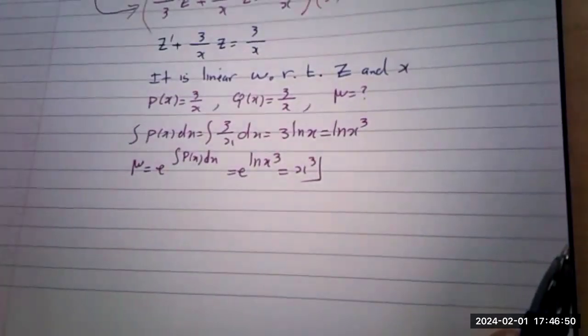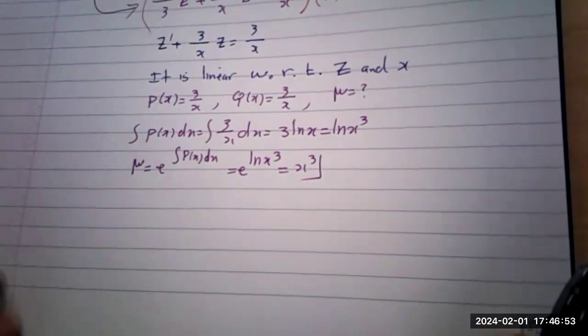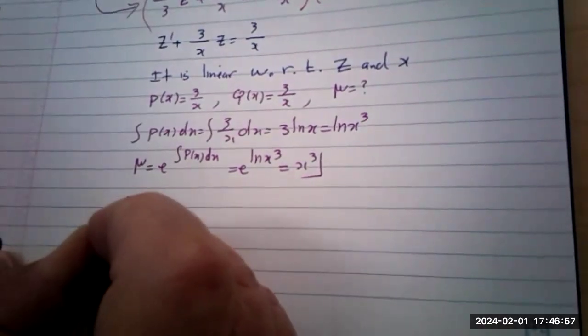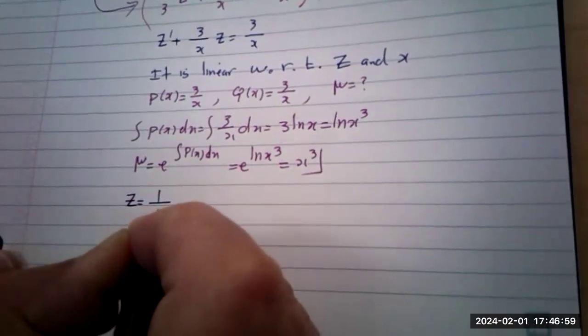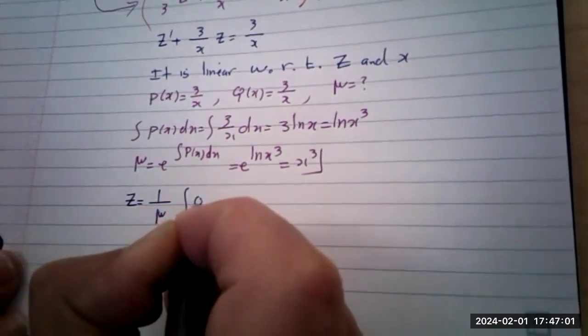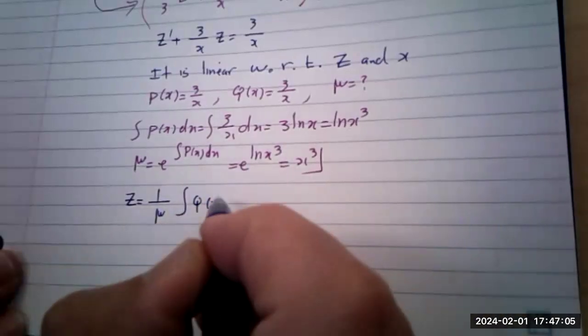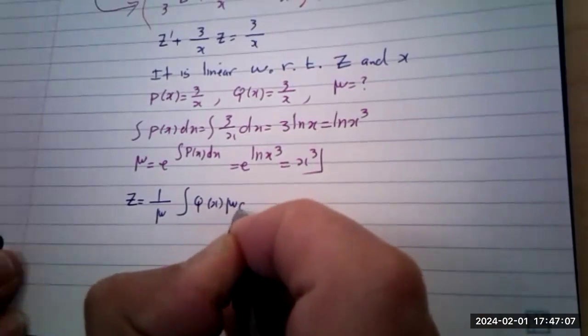Okay. Remember the equation, the unknown is z. So the solution of the equation with respect to z: z equals 1 over mu times the integral of q of x times mu dx.